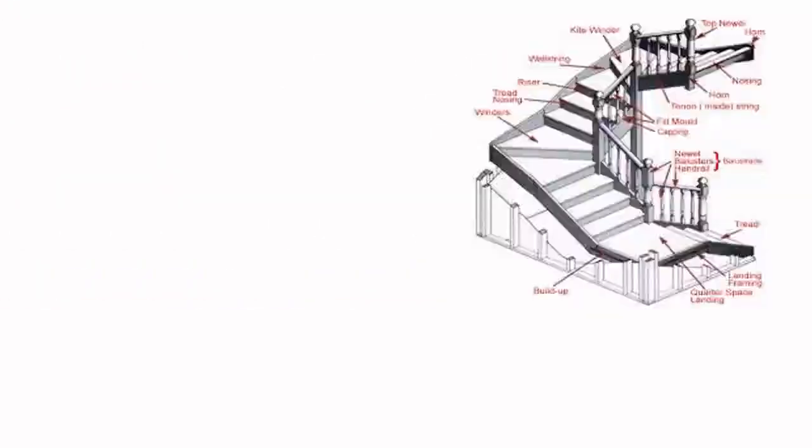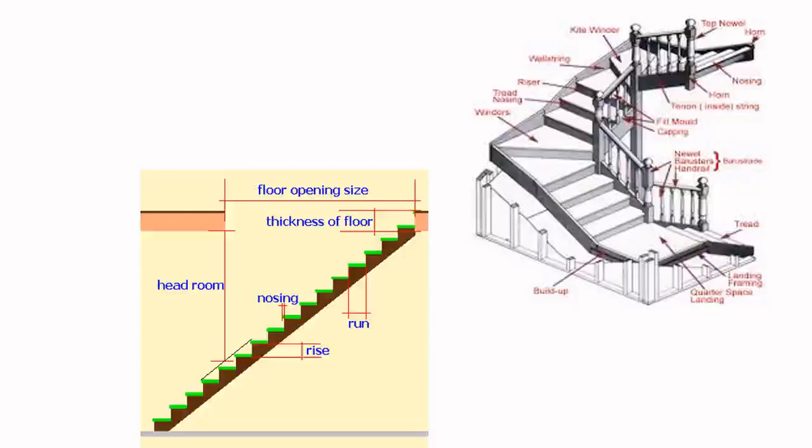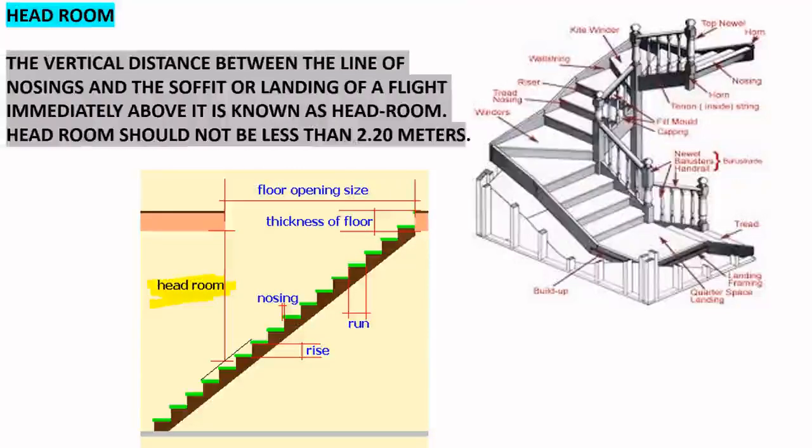Now, you can see some more. That is headroom. The other things, like nosing and the rise, we have already seen. Now, what is headroom? The vertical distance, see this distance, is called headroom.